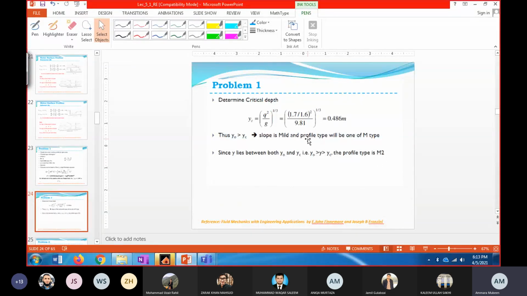So in exam, we will be needing your qualitative analysis, but you just have to show some quantity so that you would be able to fulfill the criteria for that specific slope you are determining. Okay, so here Y naught is greater than Y and it is greater than YC, so the profile can be called as M2.